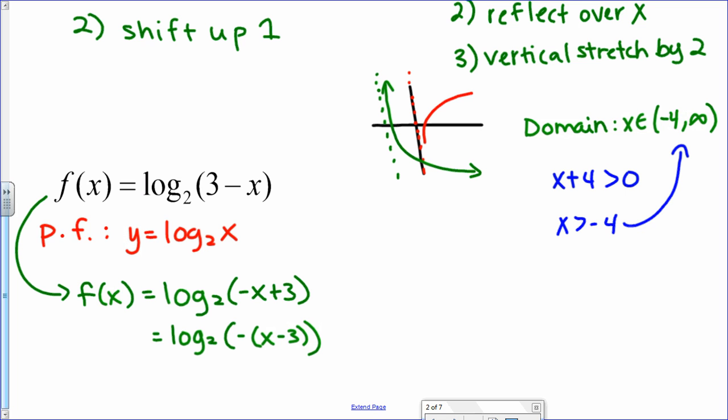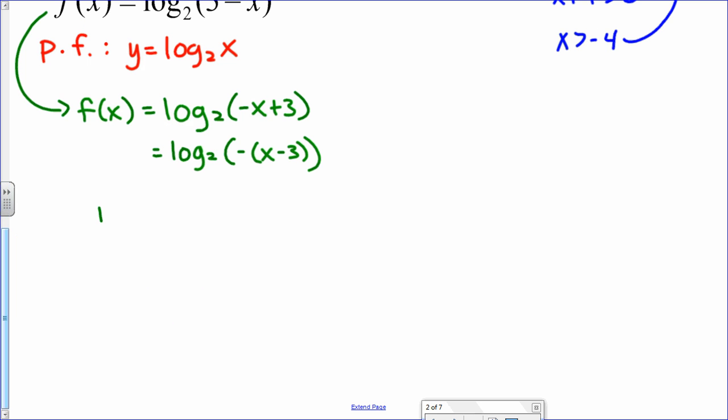You see that plus 3 and you're going to want to say you go left 3, but technically because there's a negative, you're actually going right. So you have to do the reflection over y first. That always comes first. If there's a negative in front of x, you have to do the reflection over y first. Everything okay? Yeah.